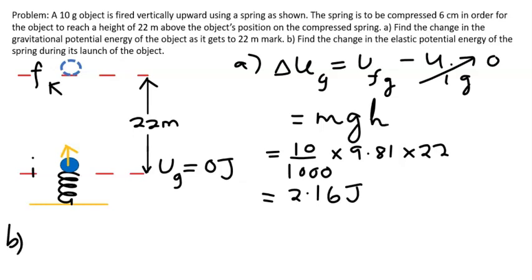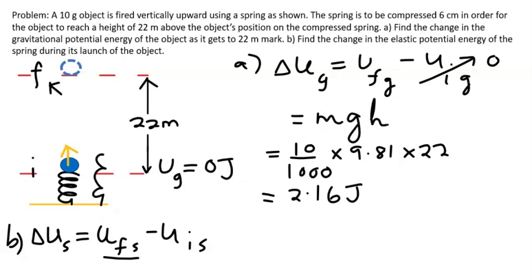What is the change in the elastic potential energy of the spring? The change in elastic potential energy of that spring equals the final potential energy of the spring minus the initial potential energy of the spring. What is the final potential energy of the spring? The final potential energy of the spring is the energy of the spring when the spring is completely relaxed and the ball is already set into motion.